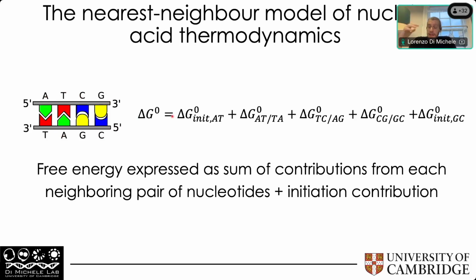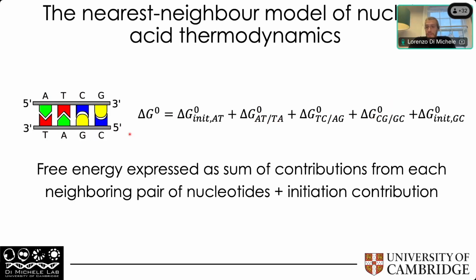But what's perhaps slightly less intuitive is that the terms that you add up, they are not simply the contributions of each base pair. The terms that you add actually account for neighboring pairs of base pairs. So you have a contribution that accounts for this AT paired to this TA at the bottom. You have a contribution that accounts for this TC paired to this AG, a contribution that accounts for CG paired to GC.